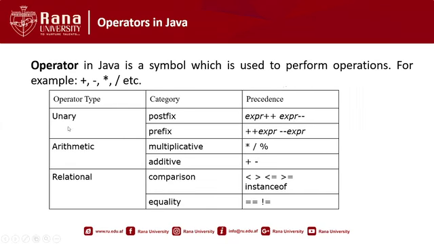And the first one is the unary operator. The unary operator is divided into two types. The first one is postfix, the second one is prefix. If a person asks you how many types of unary operator we have, we have two types: postfix and prefix. For postfix, you first mention your variable, and after that you use plus plus.